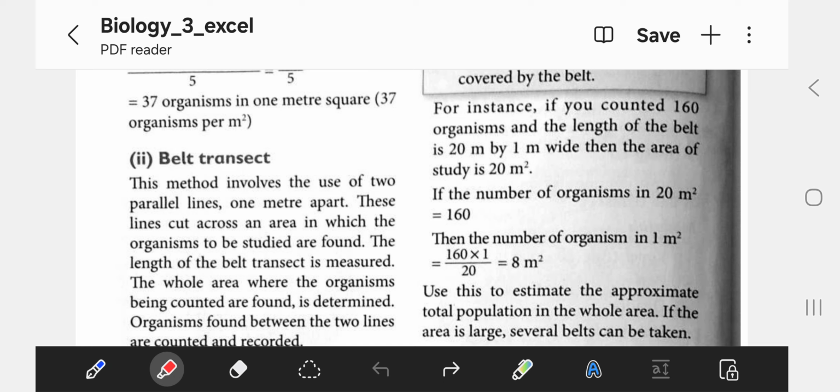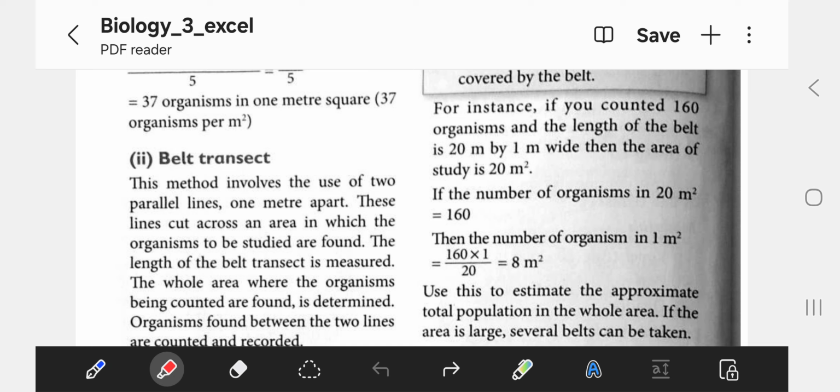So the assumptions that are made during the capture-recapture method. Let us look at the assumptions, because some people might think about this method.